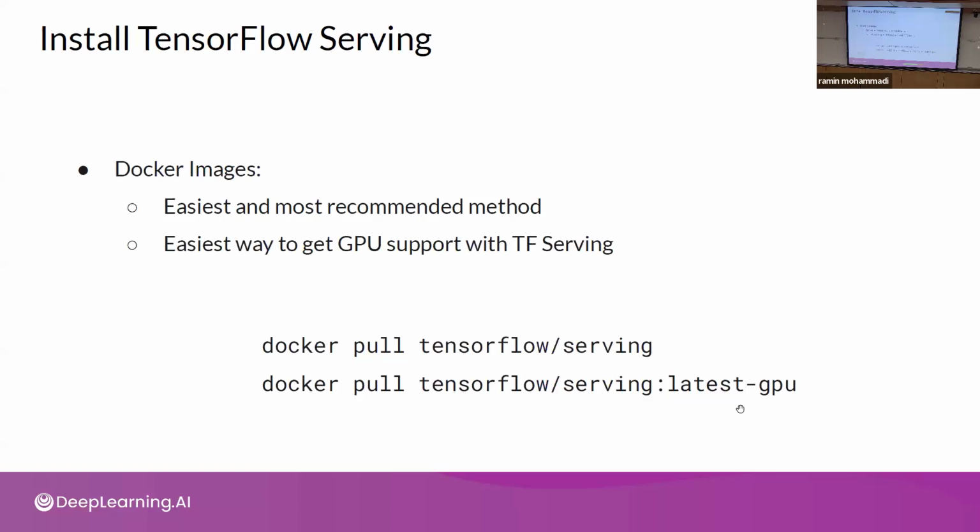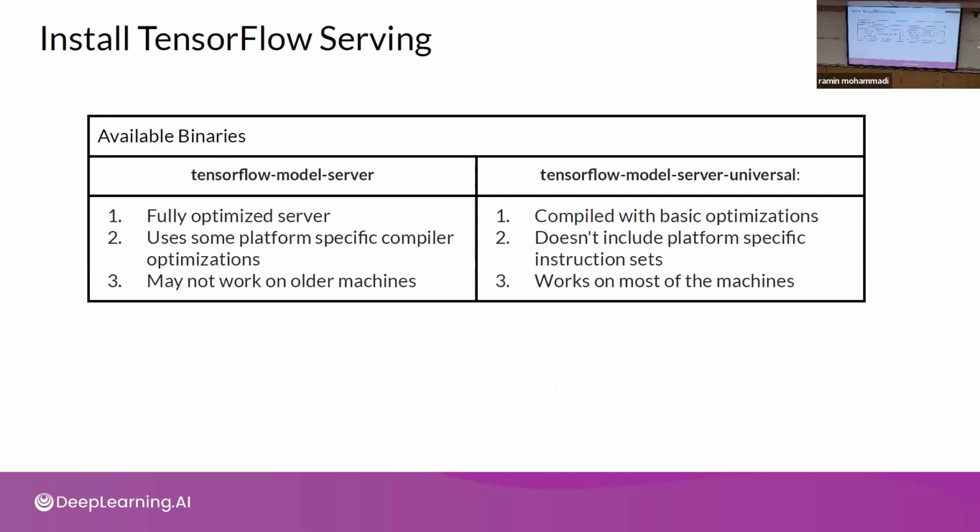Now, I'm just going to skim through this part because the code is there. If you want to use TensorFlow Serving for your project, there are two types of binaries. Remember, we said that for model serving, you need that loader, that binary. So TensorFlow Serving has two types: TensorFlow model server and TensorFlow model server universal.